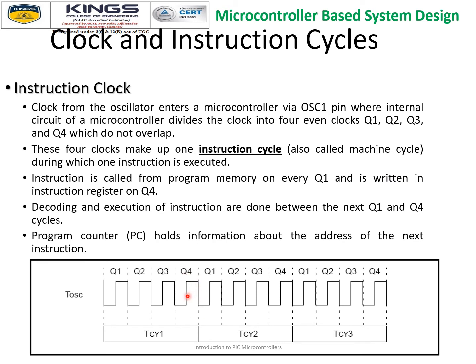Decoding and execution of the instruction are done between Q1 and Q4. The program counter usually holds the address of the next instruction which is to be executed. Each and every instruction is executed within T cycle 1, T cycle 2 or T cycle 3.